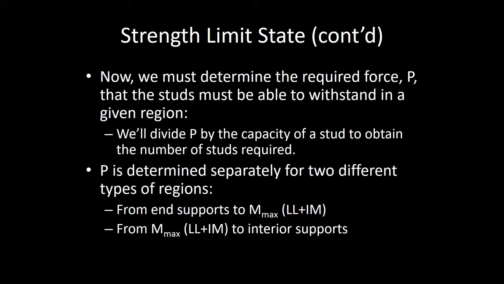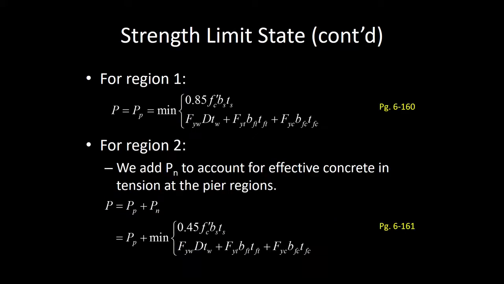Now, what we then have to do is determine, okay, there's the capacity of a stud. Now, how much force is the stud going to see? Then we divide to get the number of studs required. That's about it, okay? Now, the force that is required to be resisted by the stud goes back to that very first slide that I showed you.